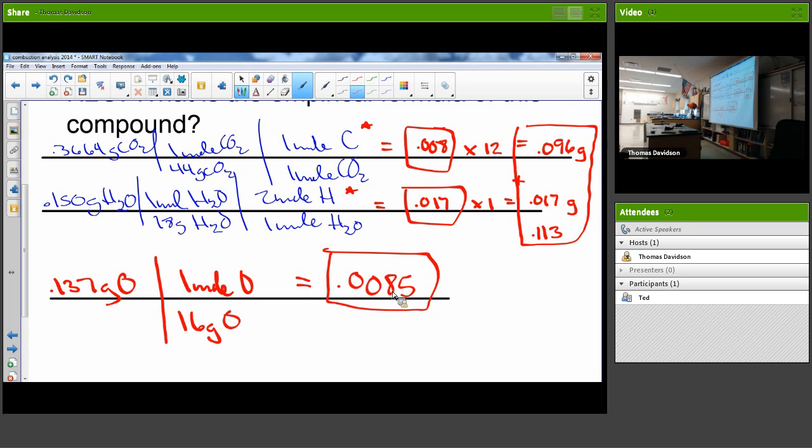Okay. So this is the smallest one. So divide by 0.0085 and I get 1. Divide this by 0.0085 and I get 1. Oh, sorry. I'm assuming they were actually the same. Which they should be. If we did our math better, they'd be the same number. I promise.